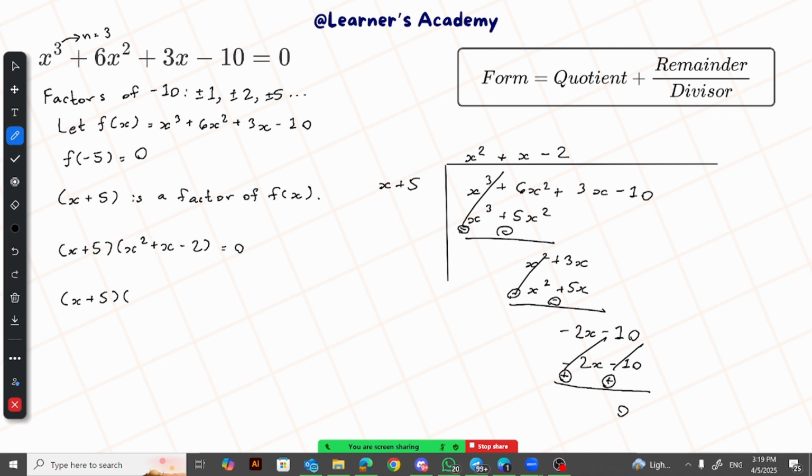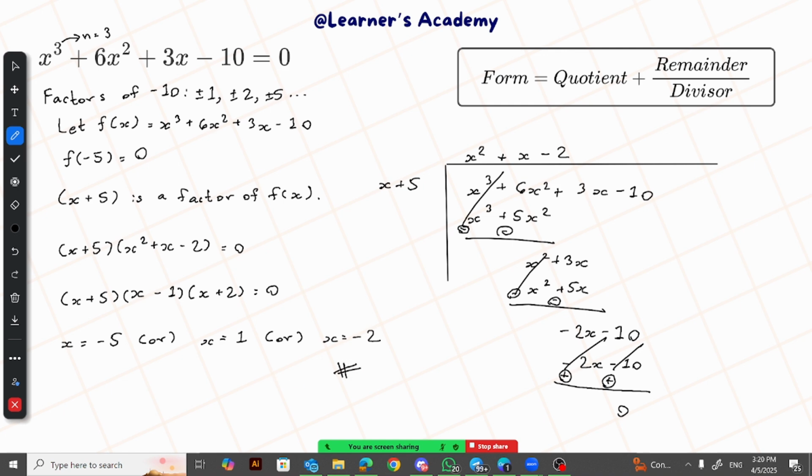So 1 and negative 2, and that makes x minus 1 and x plus 2 equal to 0. And the final answer is x equals negative 5, or x equals 1, or x equals negative 2. So this is the final answer.